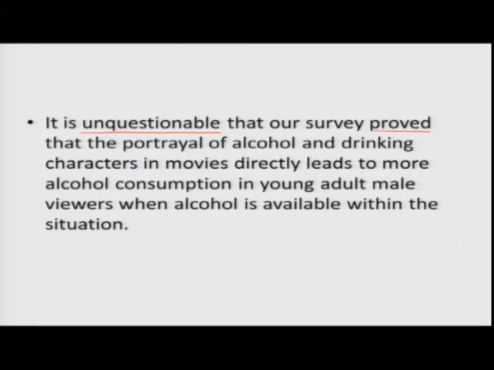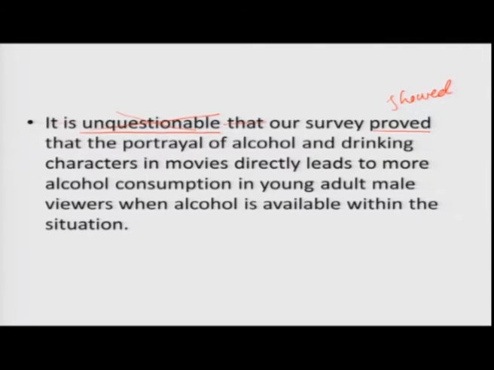You have also used the word proved. Usually we do not use such words in academic writing. So, all this part you can delete. You can say our survey. We have discussed prove is a strong word, replace it. So, our survey showed that portrayal of alcohol and drinking characters in movies.